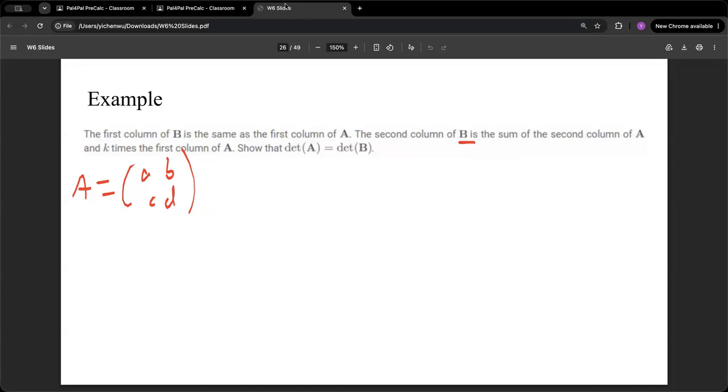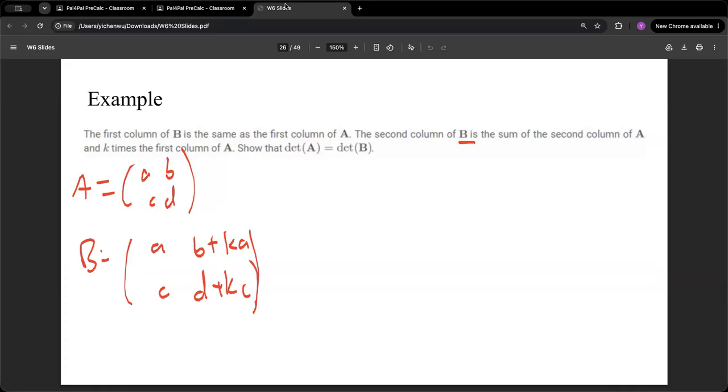So that means B is equal to A, then B plus K times A, then C, and then B plus K times D. Oops, that is not B plus K times D. That is a mistake. This is D plus K times C.